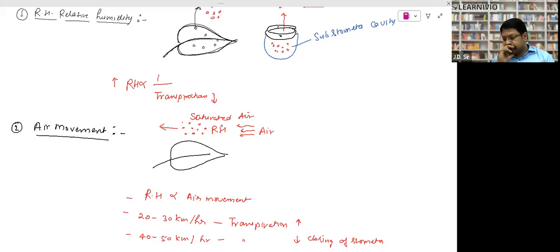Because wind takes away humidity, and due to this, the rate of transpiration increases.